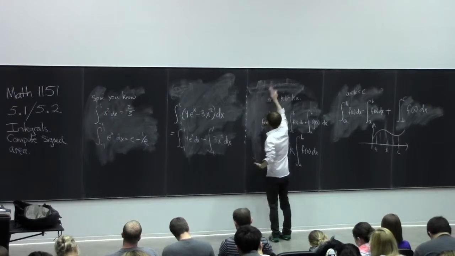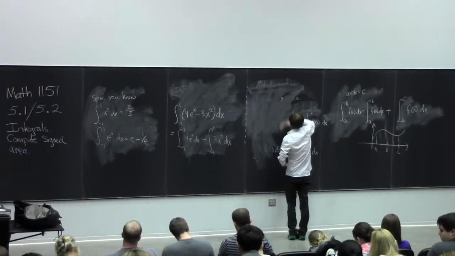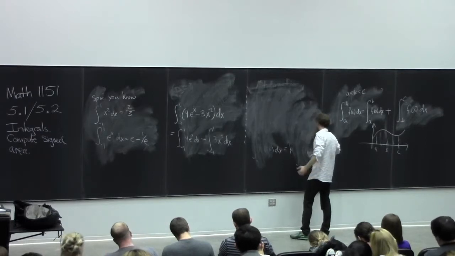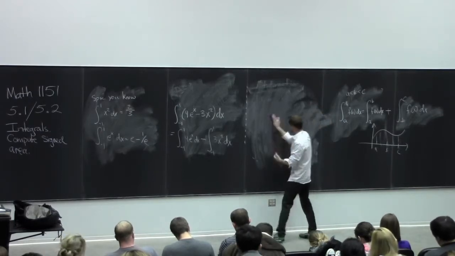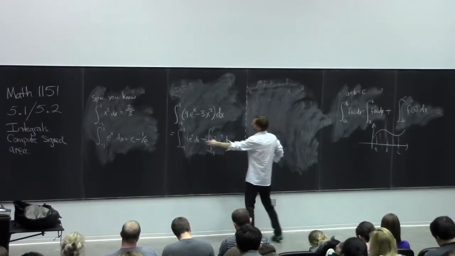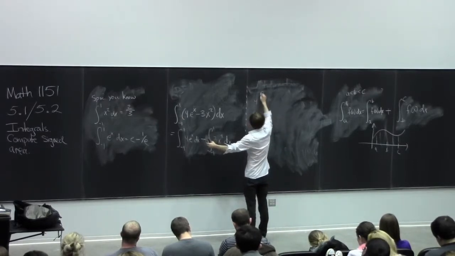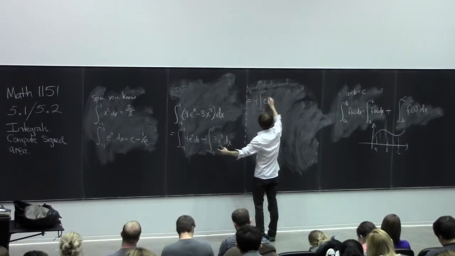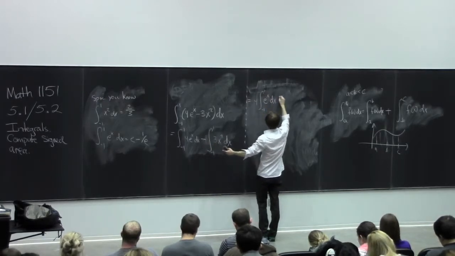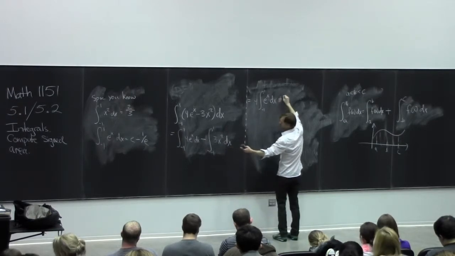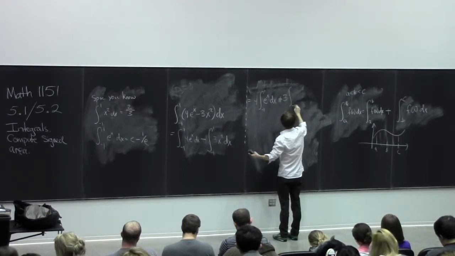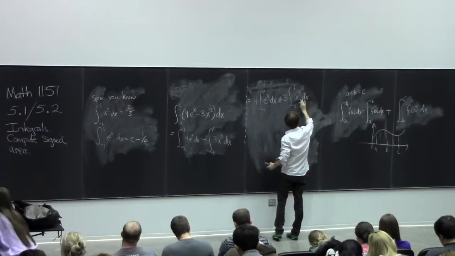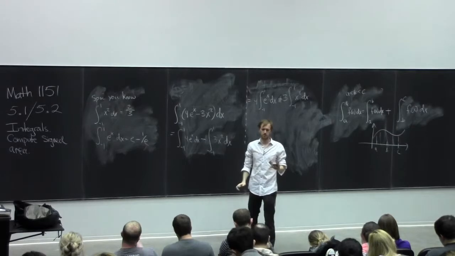I know I'm erasing the properties. I'm sorry. Not that sorry. If I was really sorry, I probably wouldn't be doing it. But that's okay. So now this is equal to 4 times the integral from -1 to 1 of e to the x dx minus 3 times the integral from -1 to 1 of x squared dx, right?